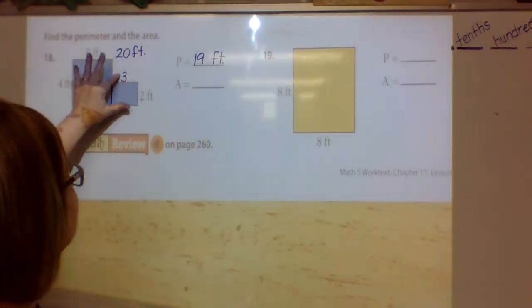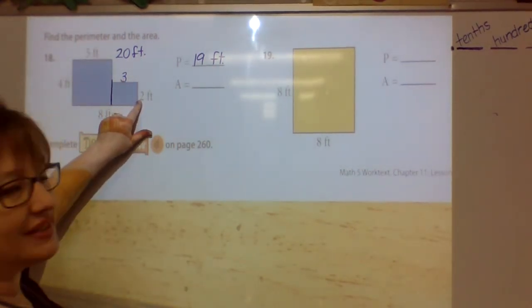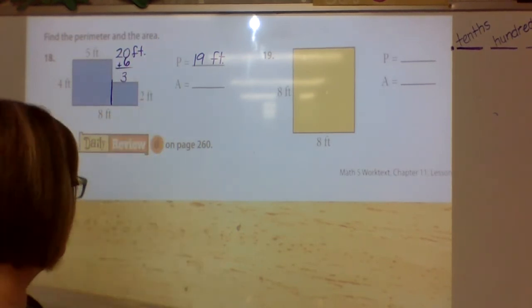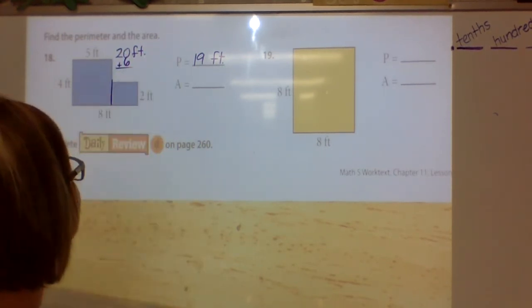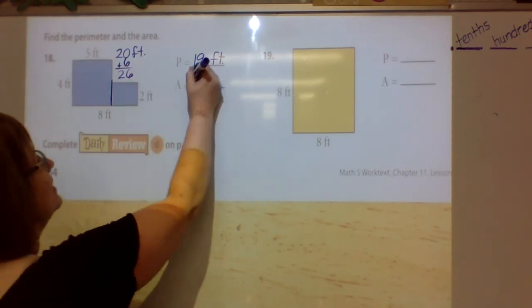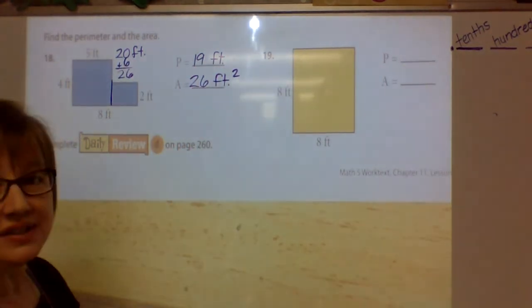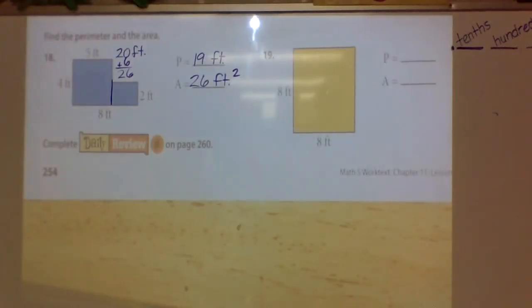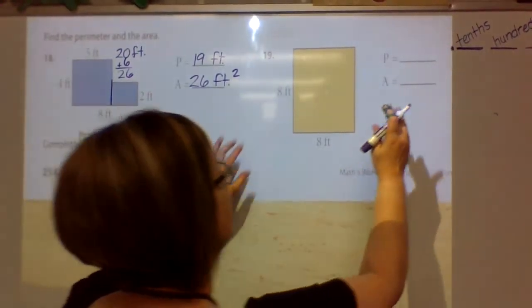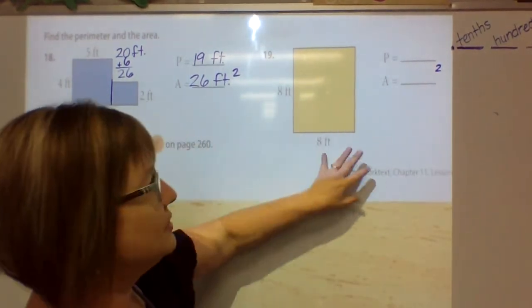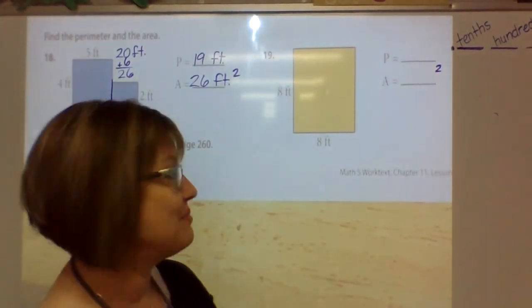So this is 3 times 2, which is 6, and add those two together. 20 plus 6 is 26. So it's 26 square feet. Remember with area, we have to have it in square units. So over here, same thing. You're going to have square units and regular units. And this one's an easy one, so you can do that one.